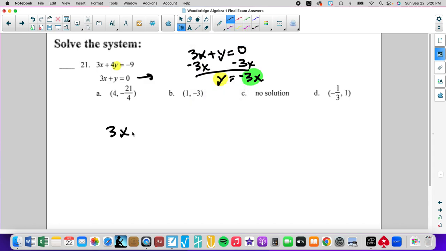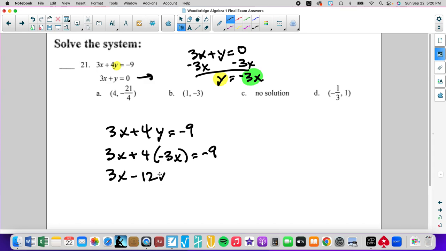So 3x plus 4y equals negative 9. You must substitute it into the other equation. So 3x plus 4, instead of writing y, we're going to write negative 3x, equals negative 9. 3x minus 12x equals negative 9. Negative 9x equals negative 9.